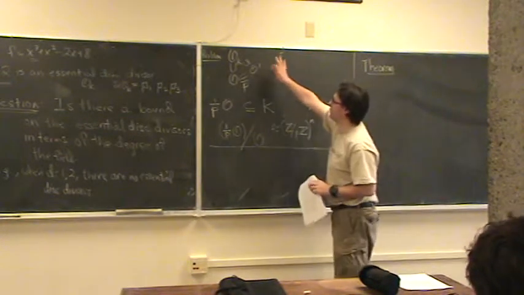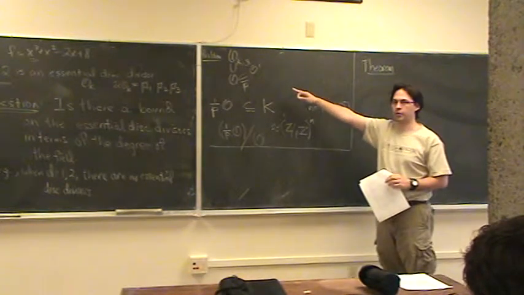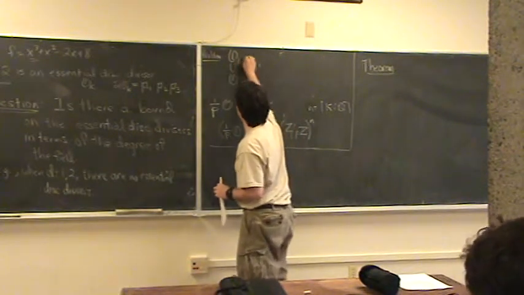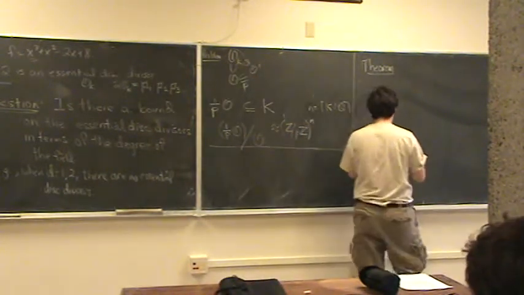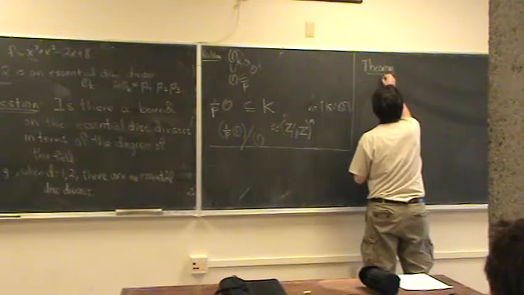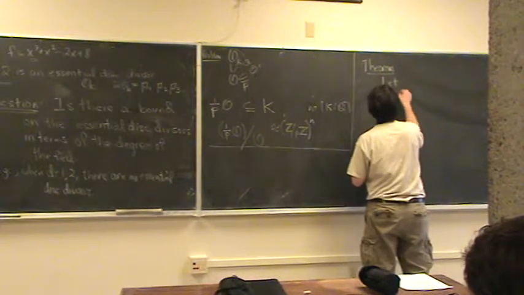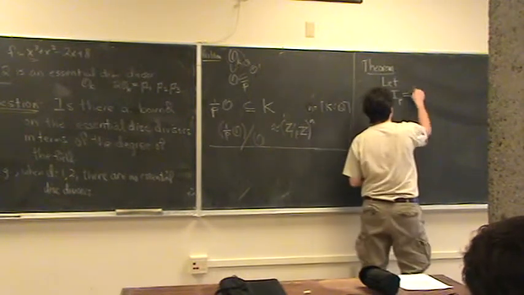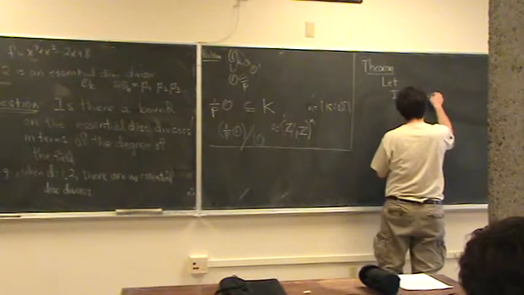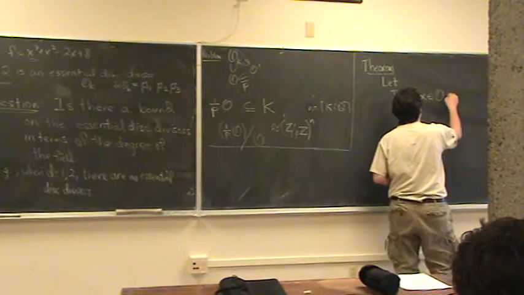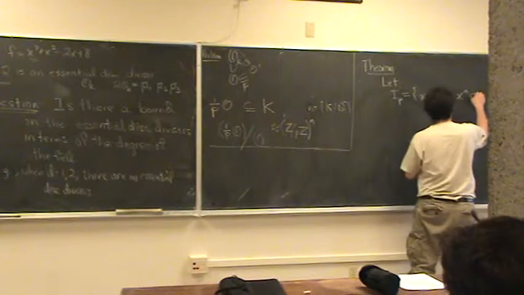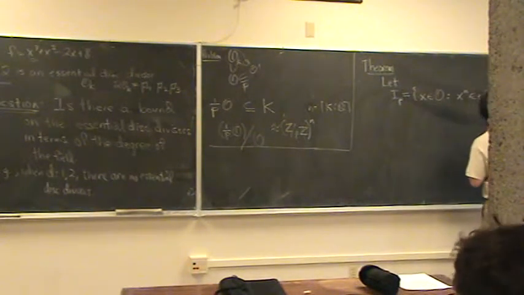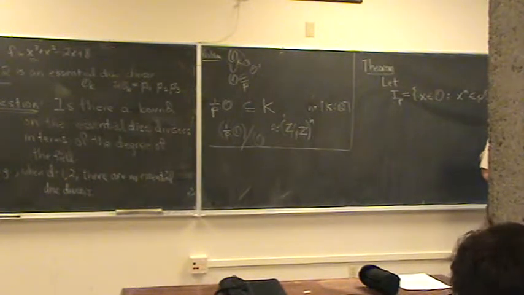So the context, the notation, everything's like over here. We have an order O, we have a prime number P, and we have, abstractly, we haven't computed it, but we have this ring of integers OK. So here's what we do. Let I sub p be the radical of the ideal generated by p, which means the set of x in O such that some power of x is in PO for some n greater than or equal to 1.